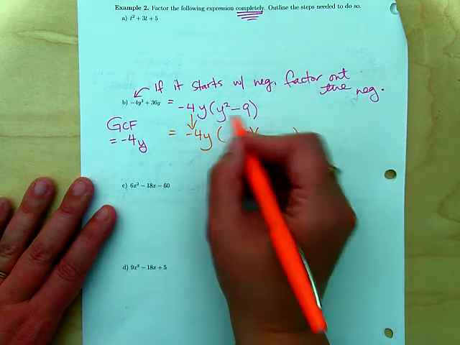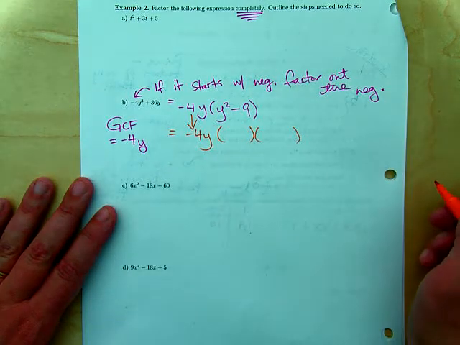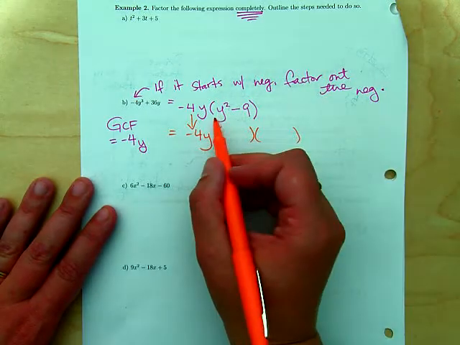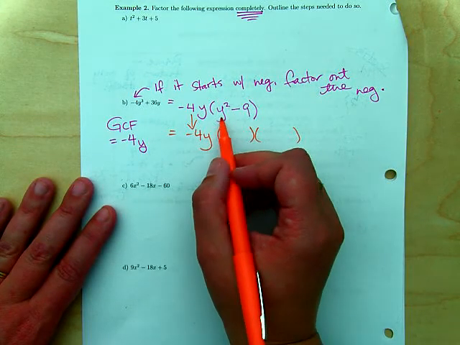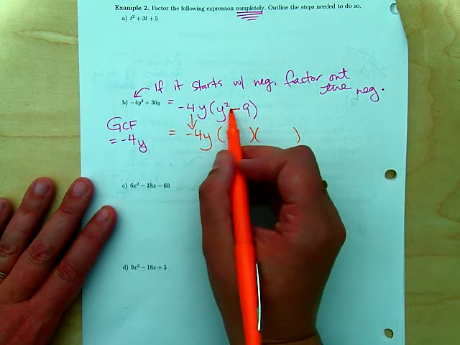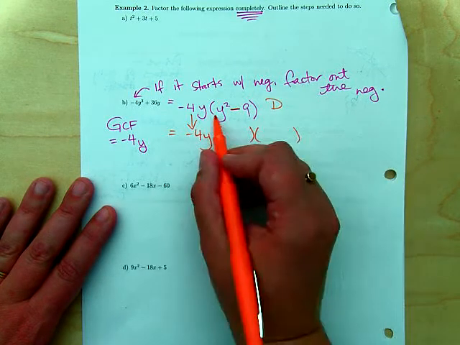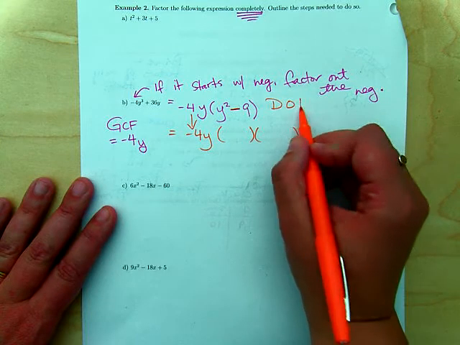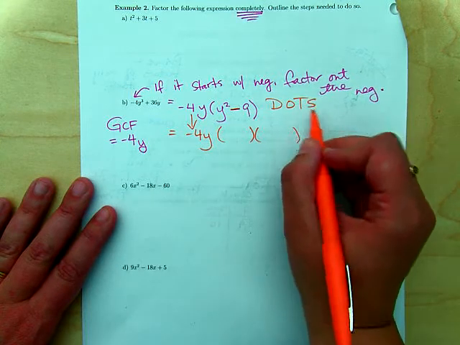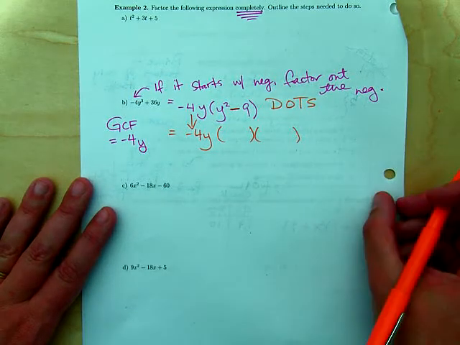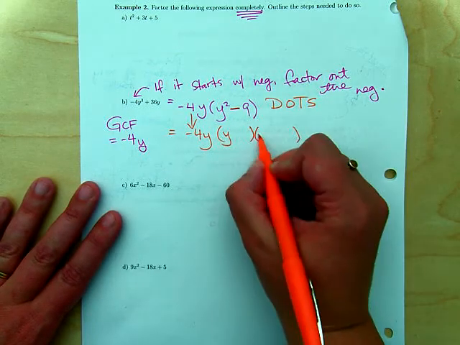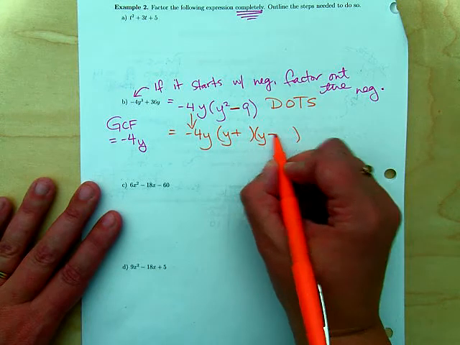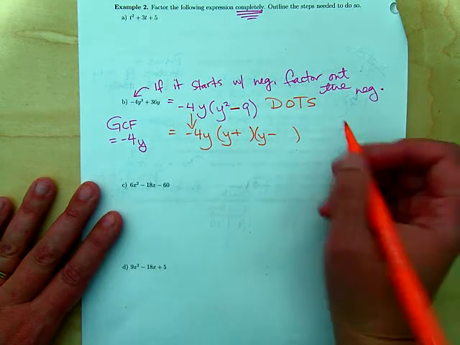What do we call this special case right here? We were just talking about it. It looks like the difference of 2 squares. That's going to be your most famous, most popular binomial that can be factored. Y plus minus, what goes next? 3.